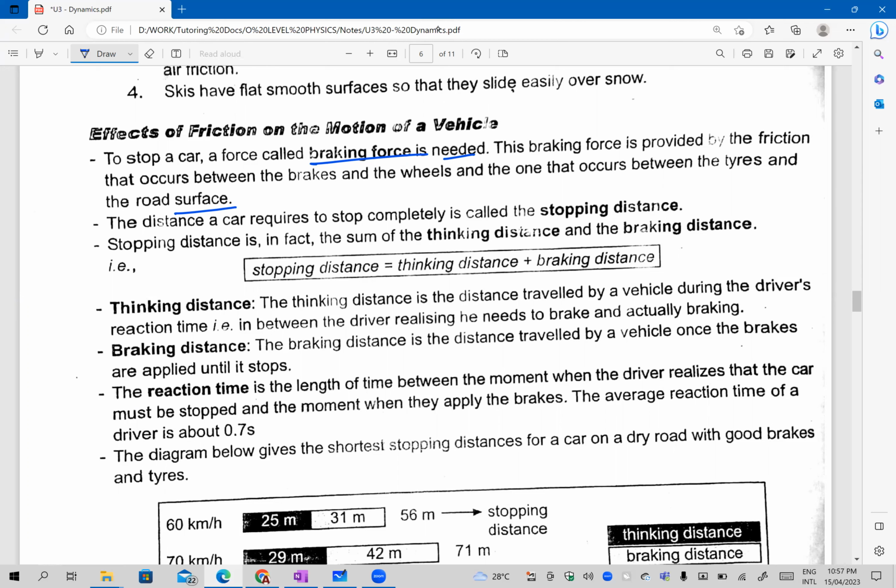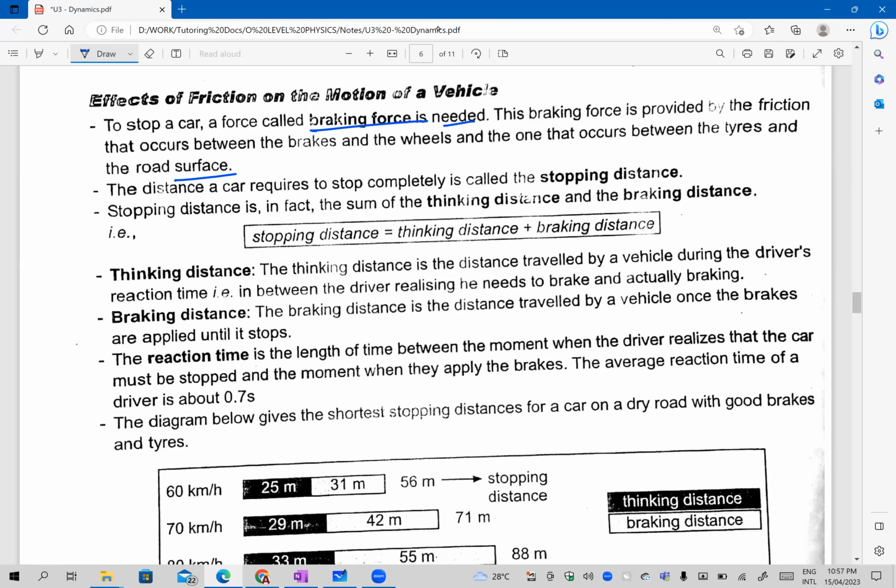Whenever brakes are applied, the car doesn't immediately stop. There is always a thinking distance, and then there's a braking distance, right? Thinking distance is very normal and natural to humans because it is the reaction time that a human takes. So thinking distance is the distance traveled by a vehicle during the driver's reaction time.